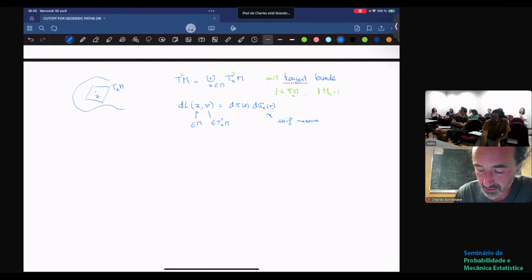So it's a random direction, if you want, a uniformly random point on the sphere of dimension d minus 1, a uniform measure on T^1_x M. This is called the Liouville measure.